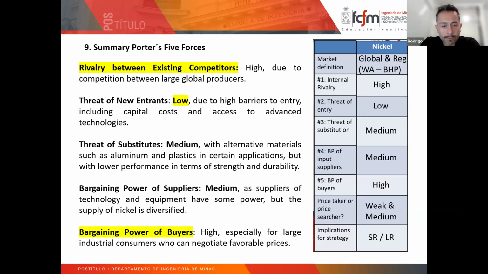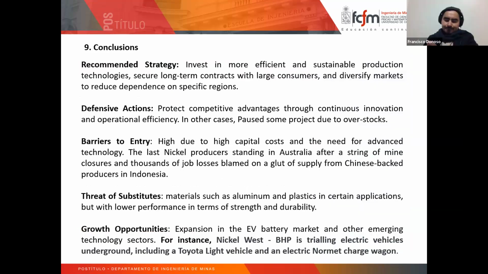Next, please, Francisco. Conclusions, recommended strategy: invest in more efficient and sustainable production technologies, secure long-term contracts, and defensive action. Maybe pause some projects due to overstock. Barriers to entry are high due to high capital cost and the need for advanced technology.